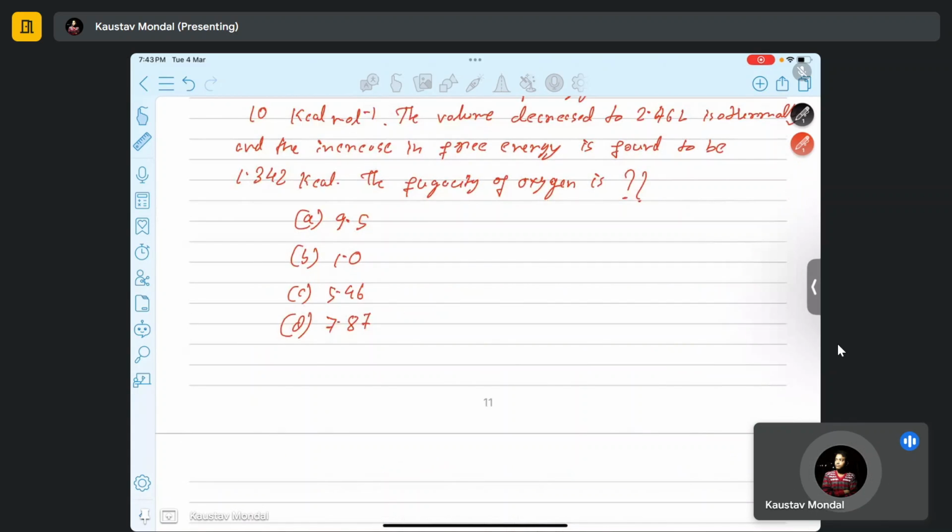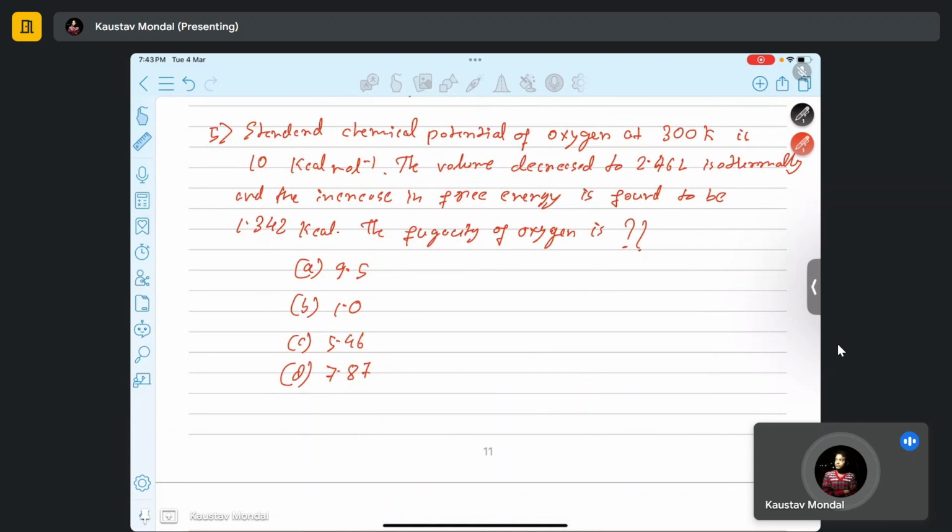So now we have to calculate. Okay, so how to do that? In the previous problem I've already discussed this concept of fugacity, right? Now this fugacity is actually related to the chemical potential by a certain relation, okay.